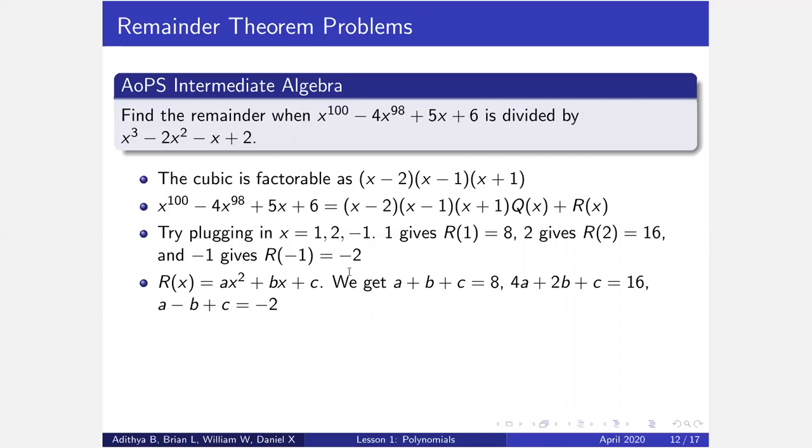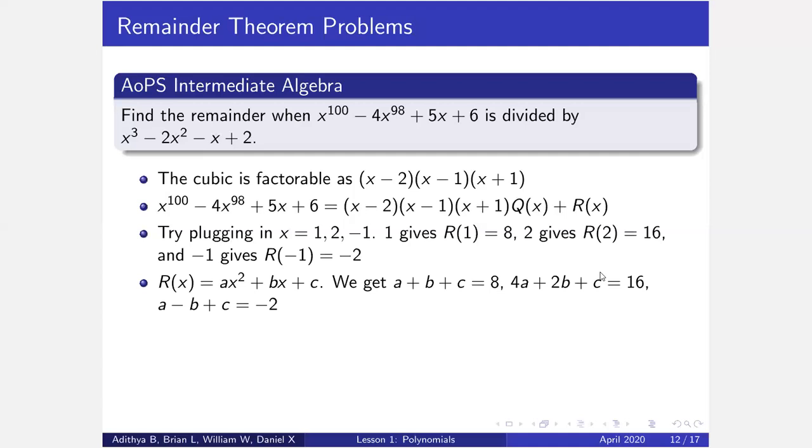We can subtract pairs of the equations to cancel c, and we could also add the first and last equation. Subtract the first and last equation to get b equals 5, and we can get a equals 1 and c equals 2. So that's the solution.